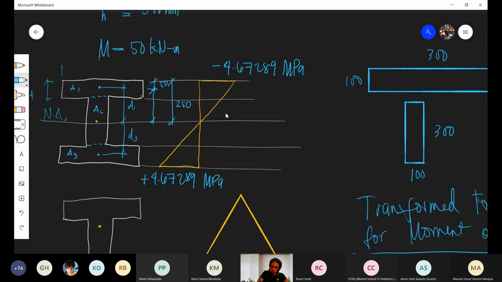Okay? So ini nga trapezoid, this can be represented by a single force acting on this area, on A1. Pero makukurean ka because you don't know how to locate the centroid of a trapezoid. So instead, i-divide further natin into two shapes, rectangle and triangle.